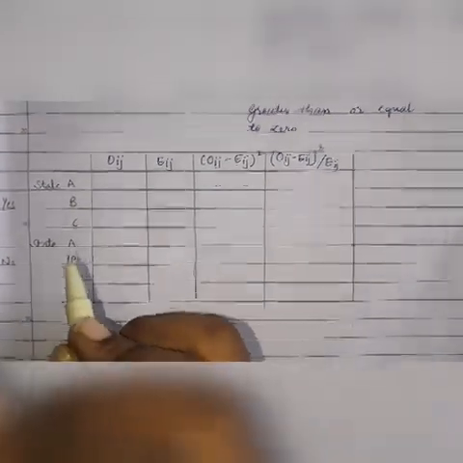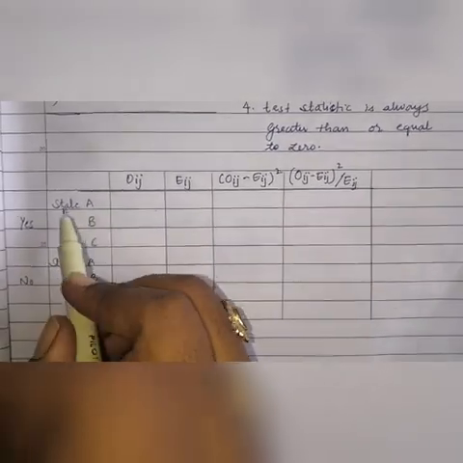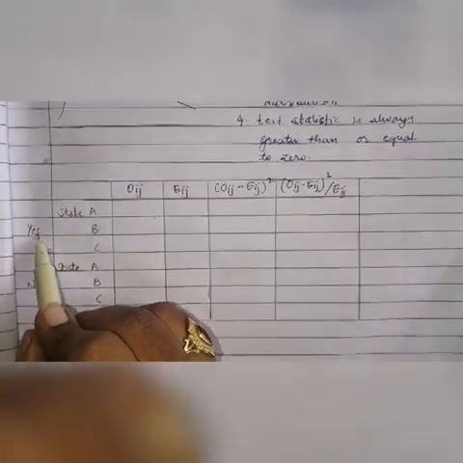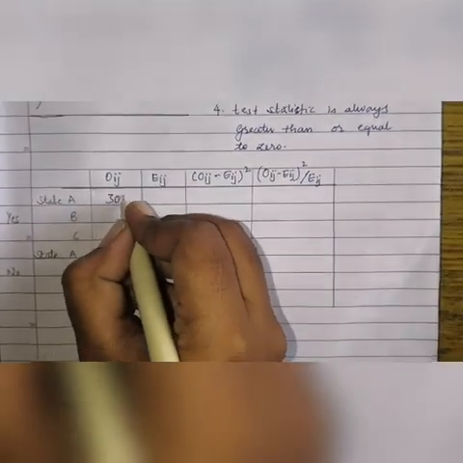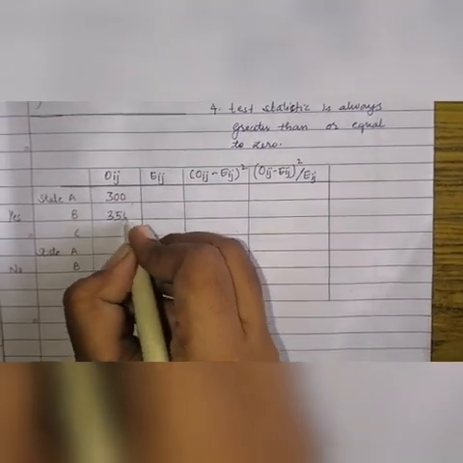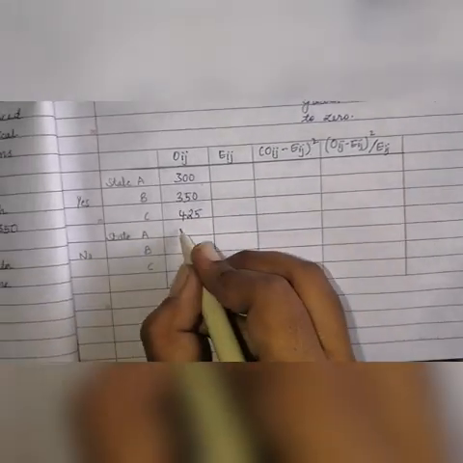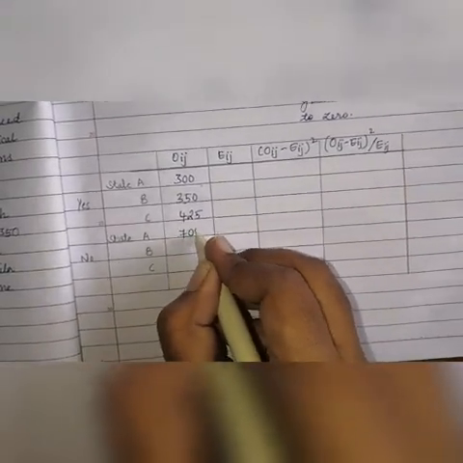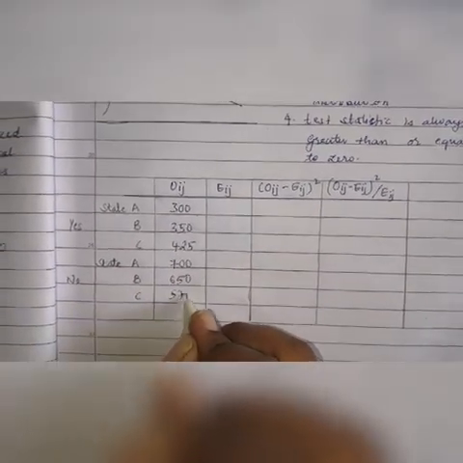All right, so now state A, supporters is 300, state B is 350, and state C is 425. And non-supporters, state A is 700, state B is 650, and state C is 575.